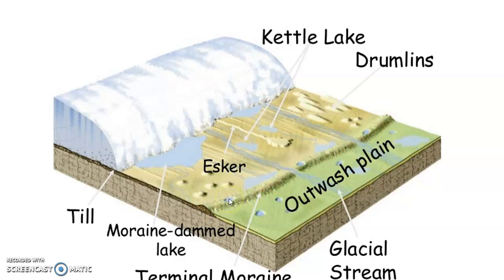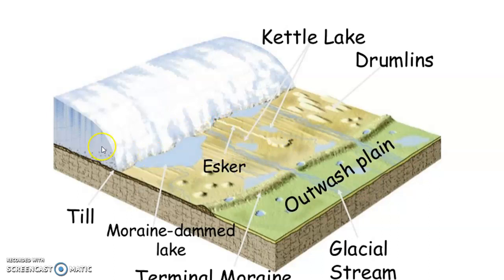Now, one of the common misunderstandings with glaciers is that if this is the terminal or end moraine here, the glacier had to have made it this far, and this represents how far the glacier had to have gone. But the glacier didn't move backwards, and that's something that sometimes confuses people, adults too. The glacier was melting back.